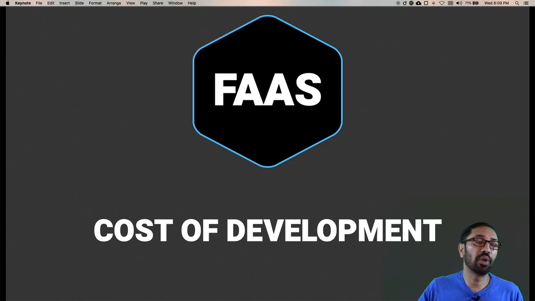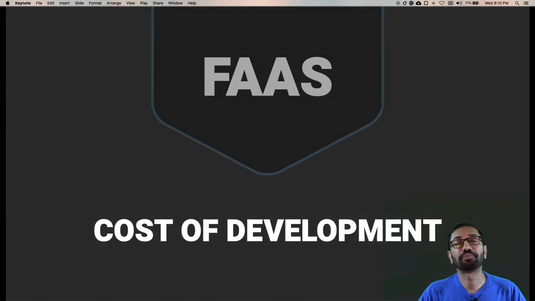And with those two things that we just talked about, we can reduce the overall cost of developing a new feature or an application, right? So if we have more people focused on what the customer wants, if we're spending less time doing DevOps, we can focus on our application and reduce the overall cost of development.